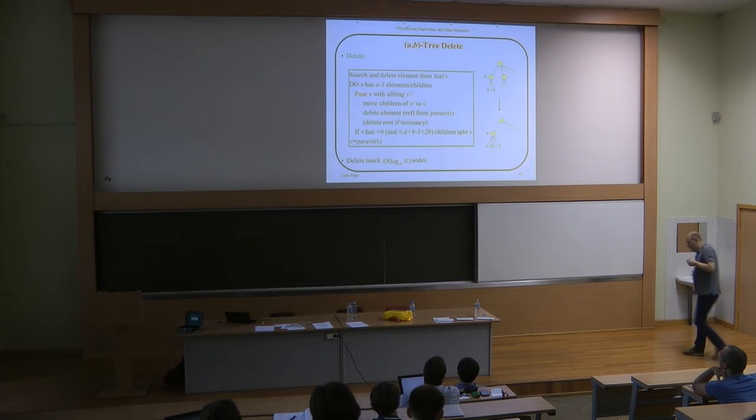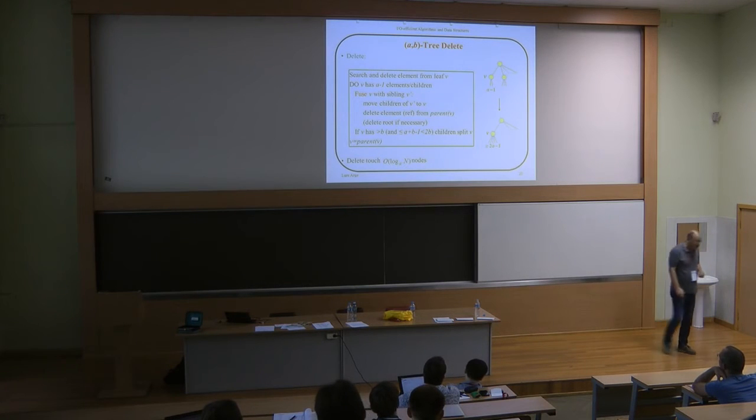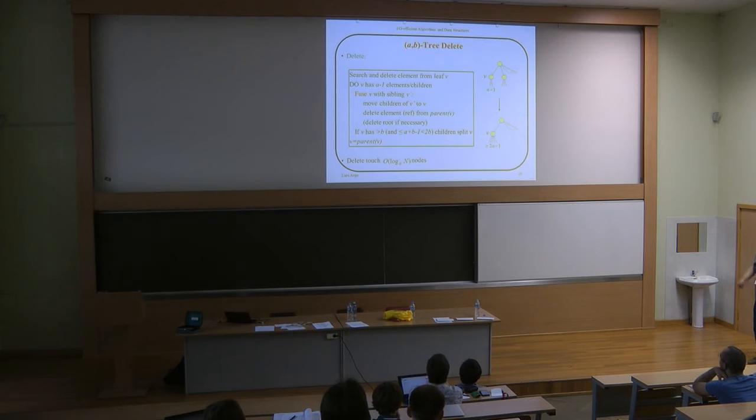All right, deletes are more or less the same, just slightly more complicated, right? I search down for the element I want to delete, I delete it. Now that node might have A minus 1 elements in it, right? I could be in a leaf with A elements, I delete 1, so I have 1 too few. What do I do? Before, I split, so now I merge. When I merge, my parent gets 1 less child.